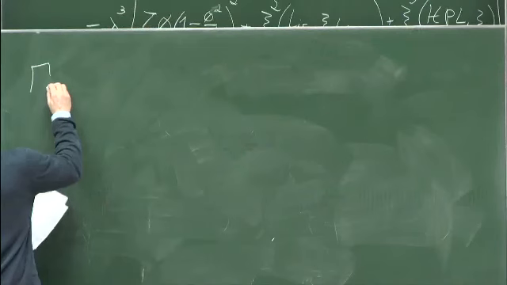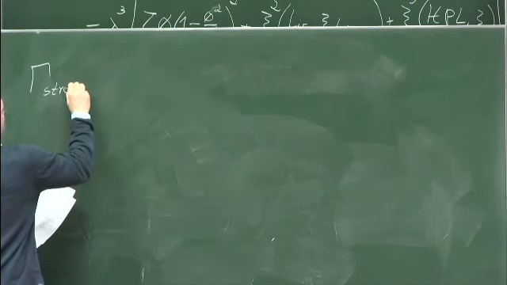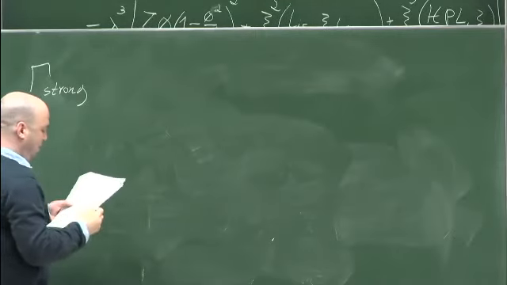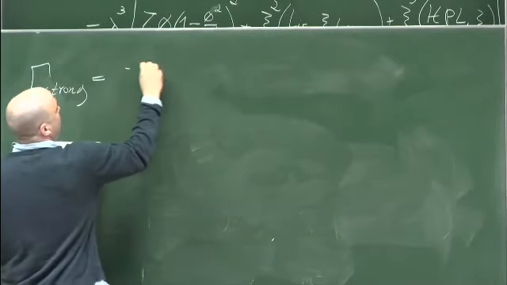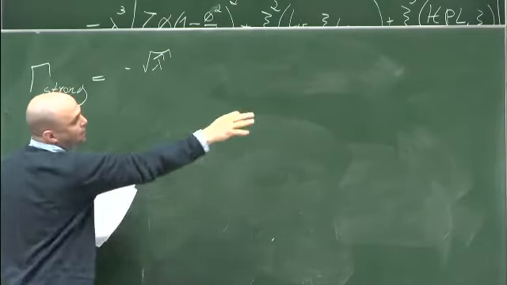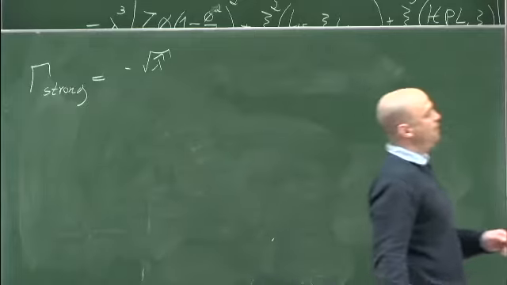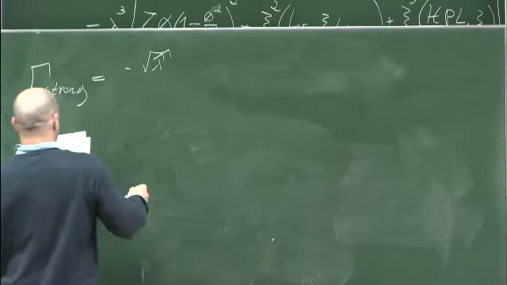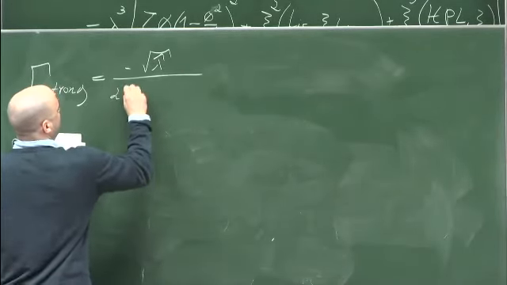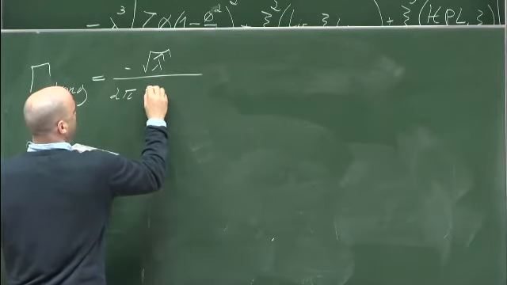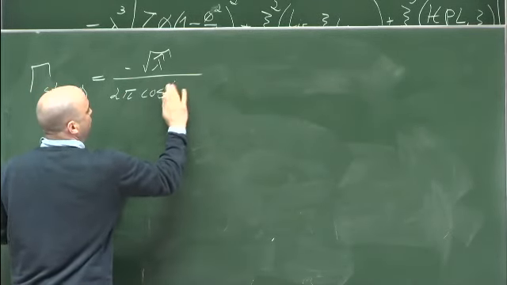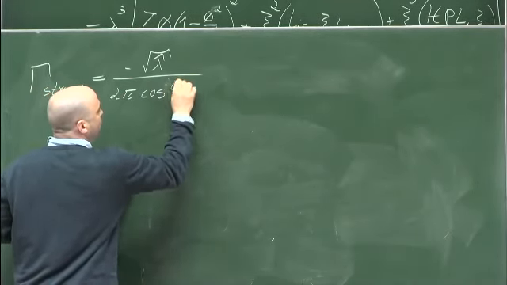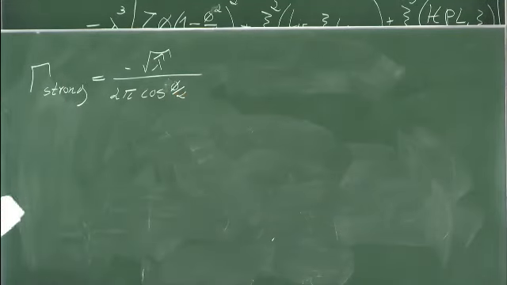And what we care about is just the value of the potential at the minimum. You get that this gamma at strong coupling is equal to minus square root of this lambda hat. I'm just setting here x to 0 and taking the square root of that quantity divided by 2 pi cosine of phi over 2.